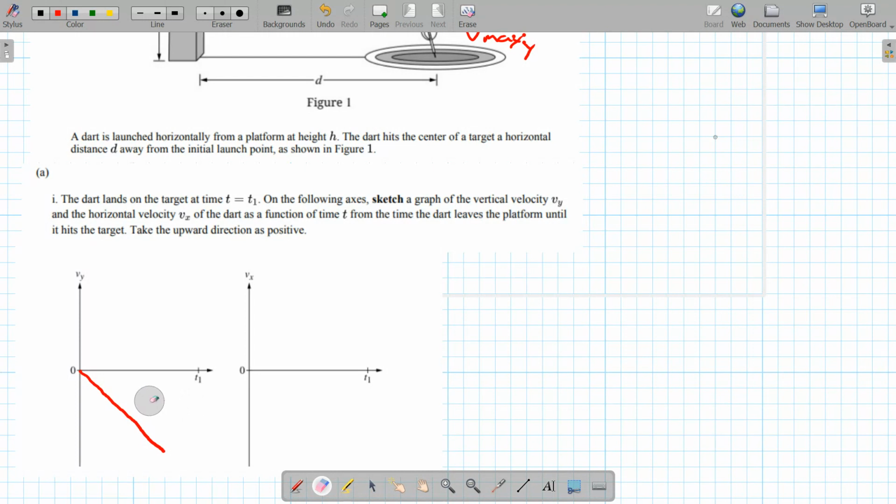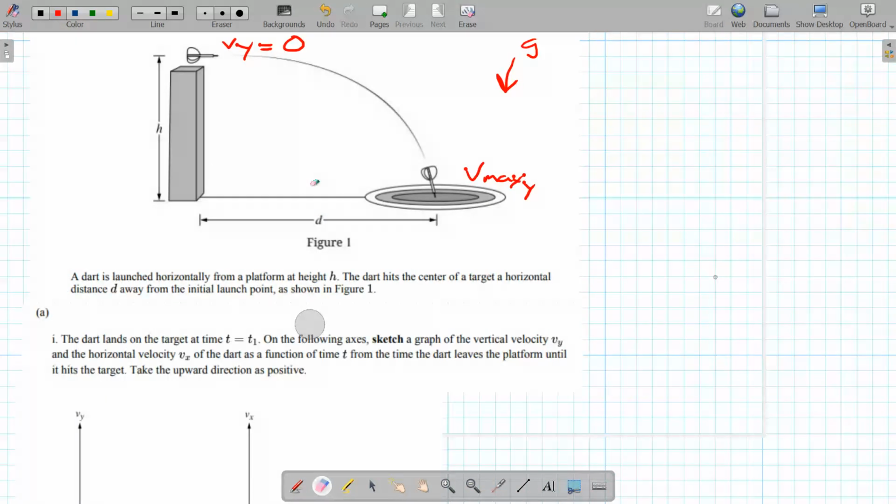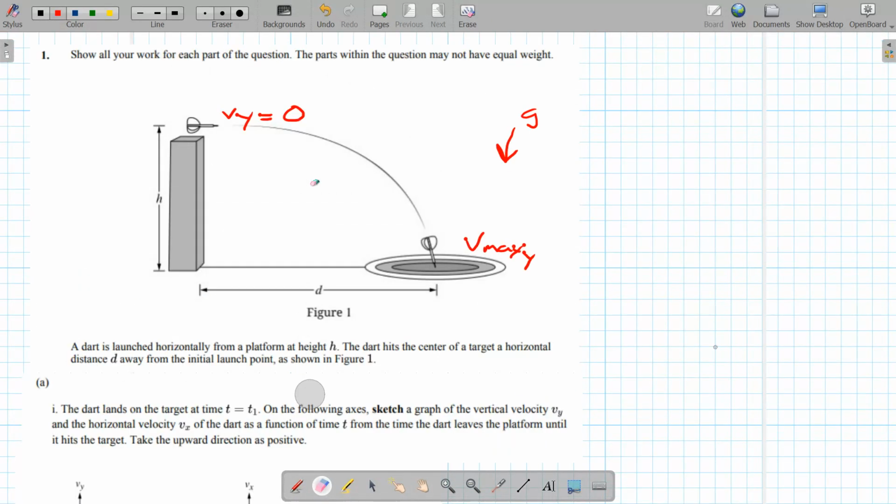Now, what did we say about the path of an object in projectile motion in the X direction? What acts upon it? Air friction. So air friction might have an impact on there. Let's assume that it doesn't. If air friction did have an impact, it would slow down a little bit.